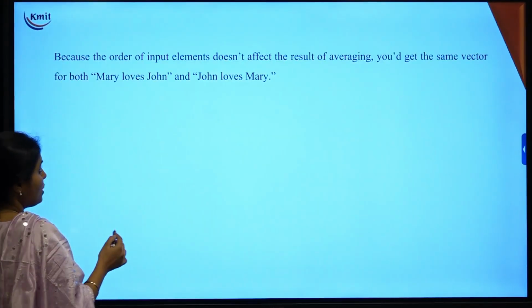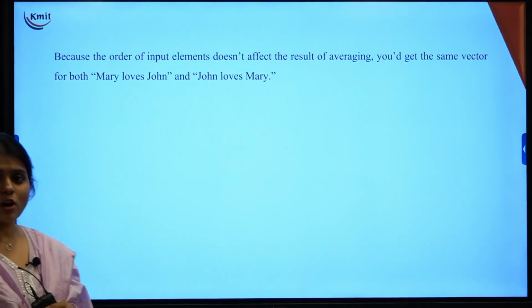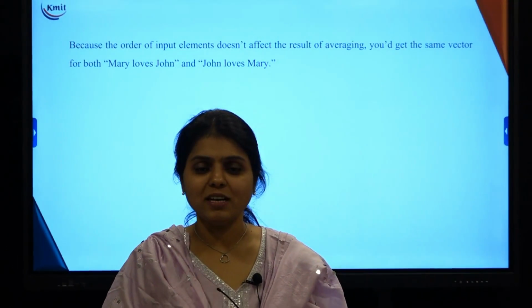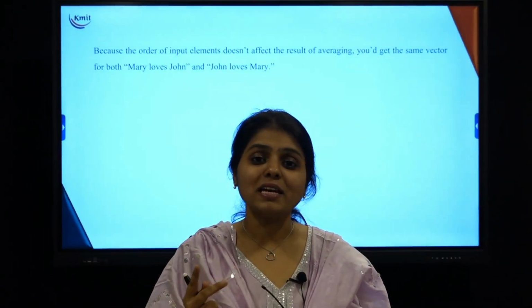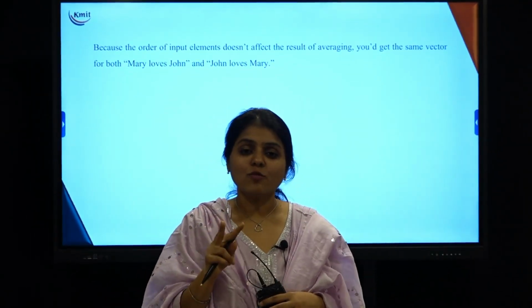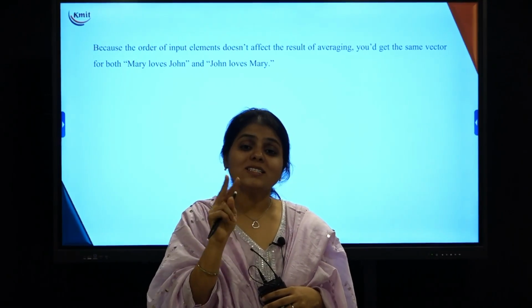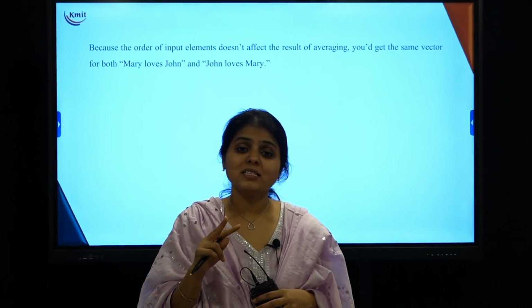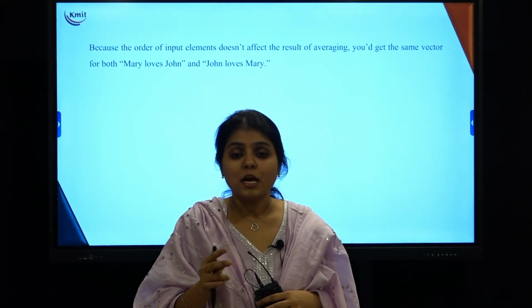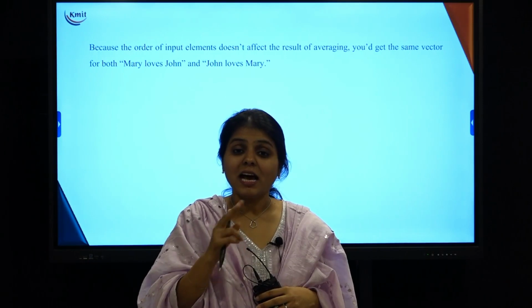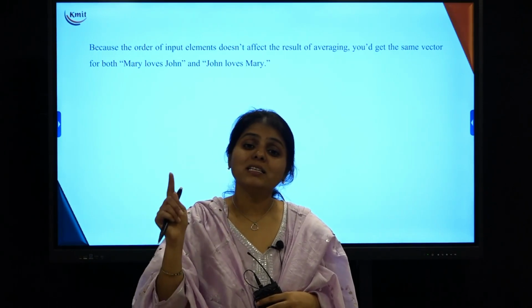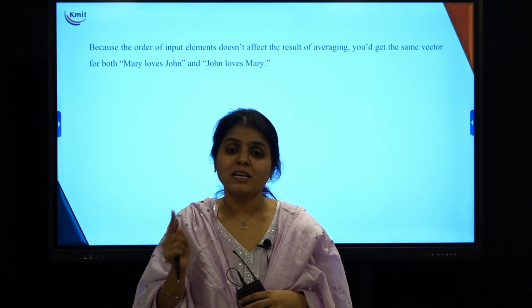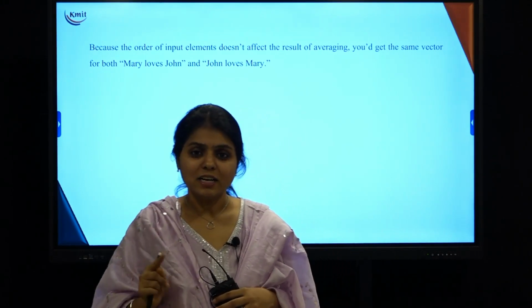If I take another sentence, "Mary loves John", while the first sentence was "John loves Mary", the words are the same but the order is different, which makes them 2 different sentences. But when I perform the average, as the words are the same, my result would be the same, which says that both sentences are the same. But in reality, both sentences are different.